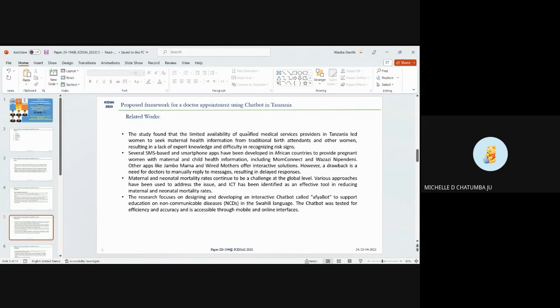Also, several SMS-based and smartphone apps have been developed in Africa to provide pregnant women with information on maternal and child health. For example, applications like Jamo Mama and Wired Mothers offer interactive smartphone and voucher-based solutions to improve maternal health outcomes.